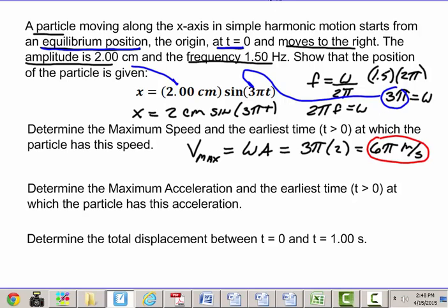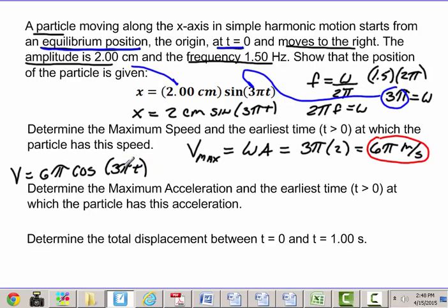Alright, to find out when that occurs, I need to take the derivative of my position equation. If I do that using the chain rule, velocity will be 6 pi times the cosine of 3 pi times t.